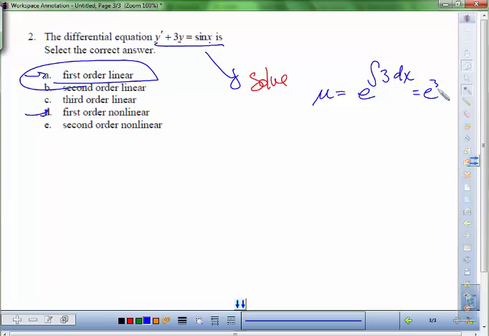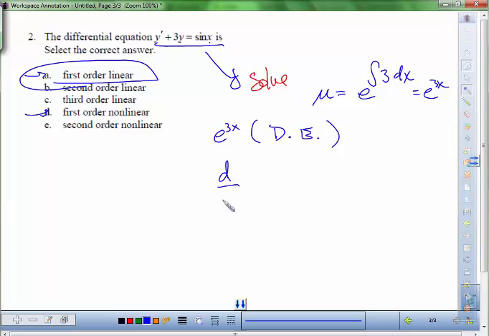E to the 3x. And so if you multiply this by e to the 3x, you're going to get e to the 3x times y prime plus 3e to the 3x times y.